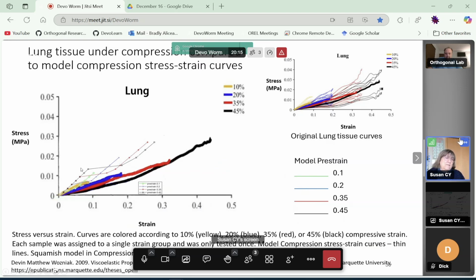And then this is my model, and it's a little high compared to the lung tissue here, but it does match within, I don't know, 30%.